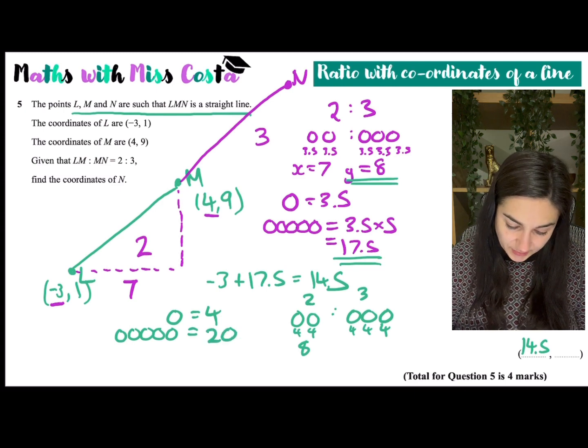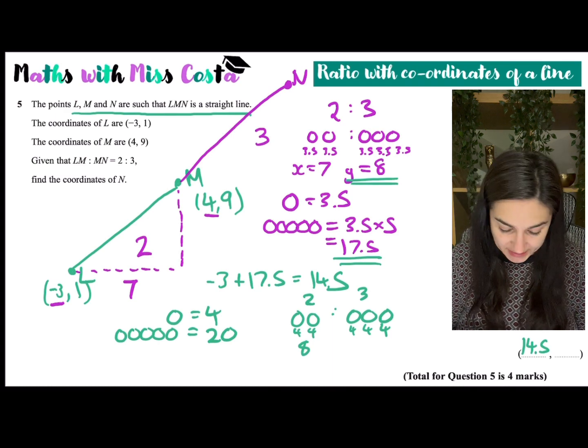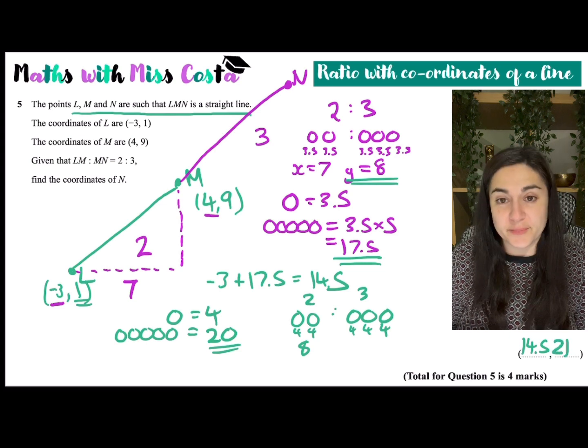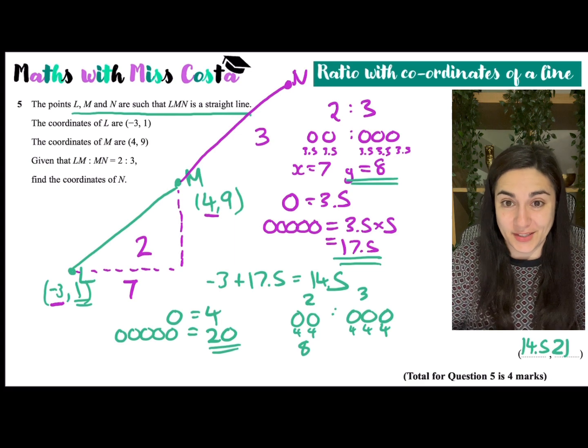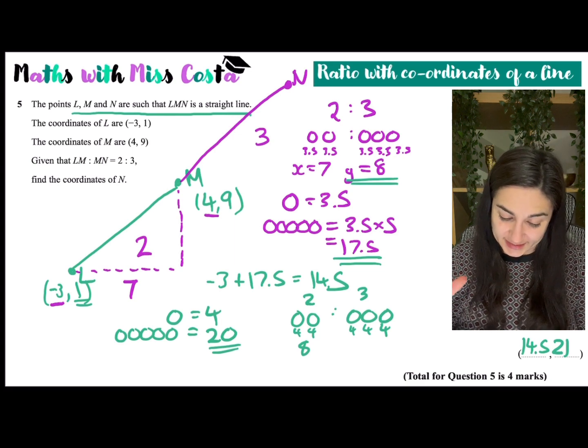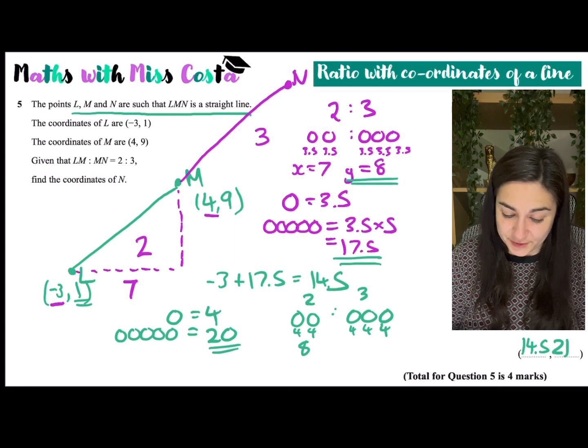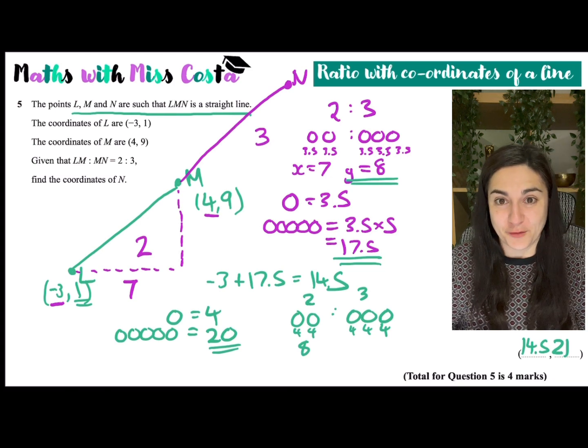So I know that the distance is going to be 20 more than my original Y value. So 1 plus 20 is 21. And that's one of the ways that you can do that. There are so many ways to do this question, but the key is understanding how a ratio works and how you're just literally splitting up the line and going from there.